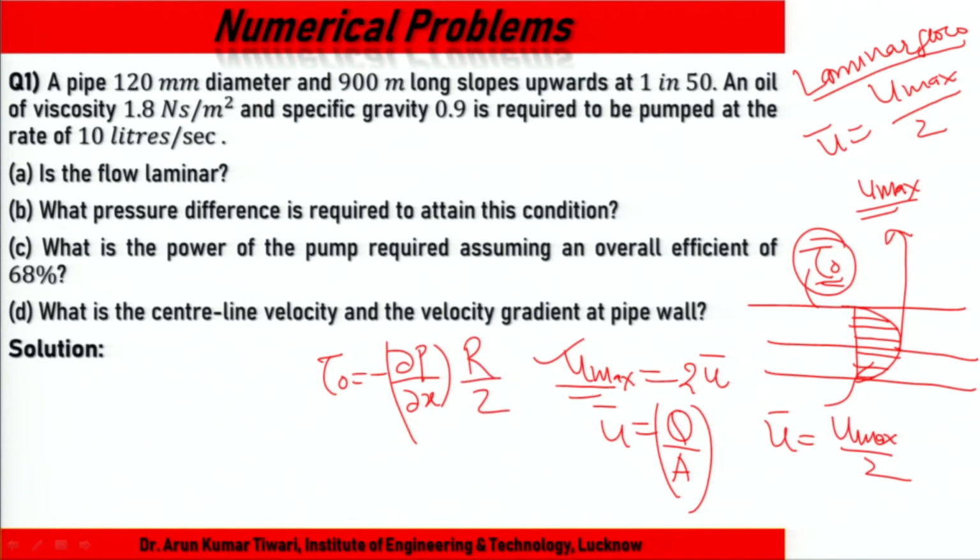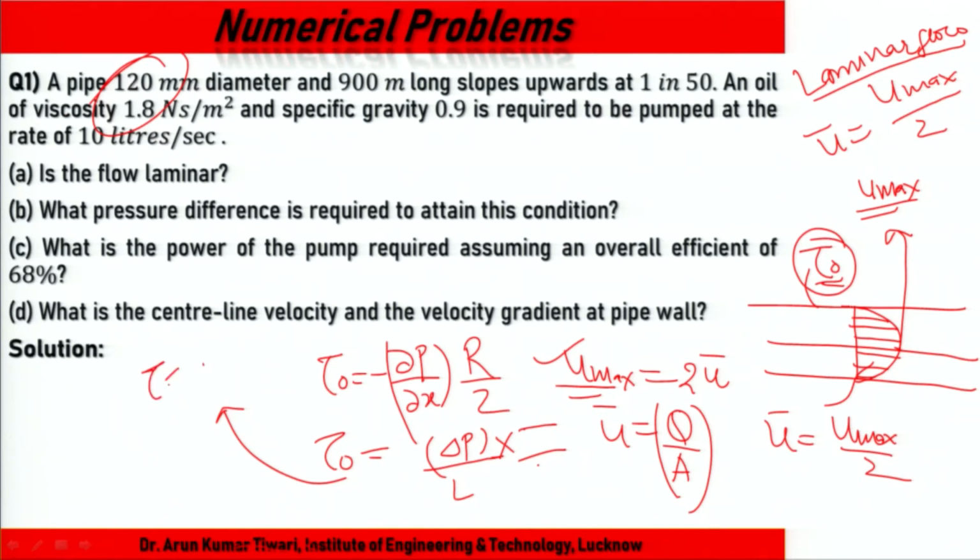This is the pressure gradient, delta p, P1 minus P2. Delta x is the total length L, and capital R is the radius, by 2.